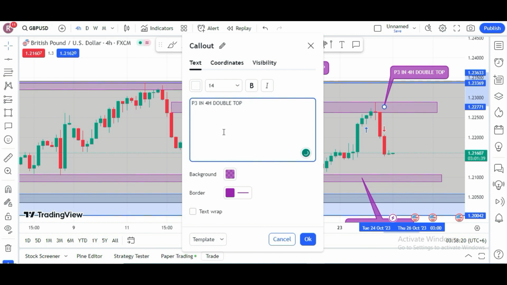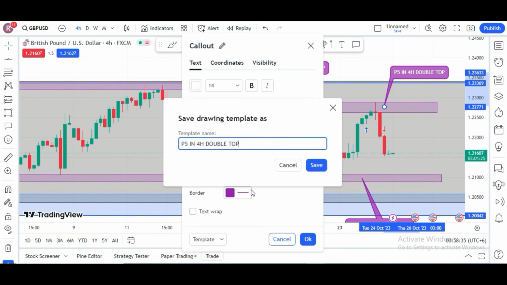The question is, why am I increasing the pattern? The reason to increase the pattern is that it is not coming out of this ranging box, which I have just marked here.